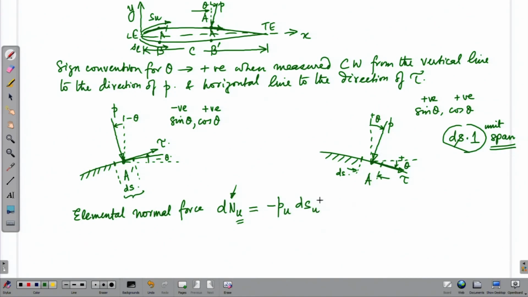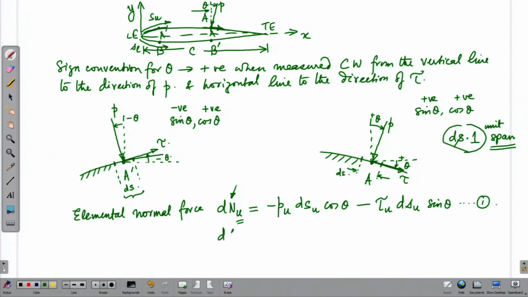Notice that we are writing a subscript u for pressure on the upper surface and also for tau. We will call this equation 1.